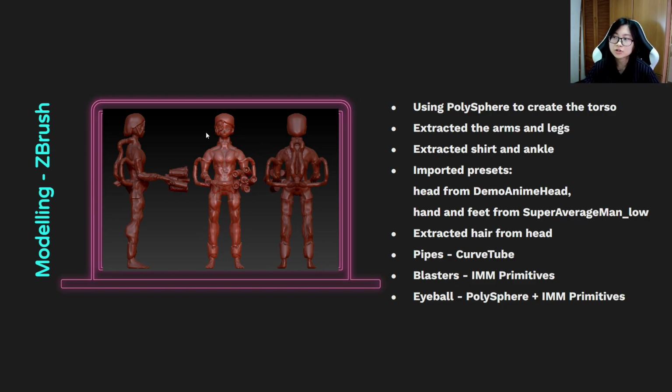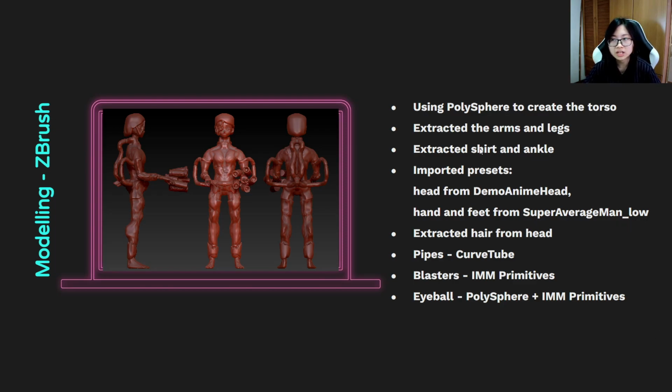And then I extracted the shirt and the ankle over here using the same process as well. And then instead of making the head and the hand and the feet myself, I imported those from the presets, which is the demo anime head preset and also super average man preset.